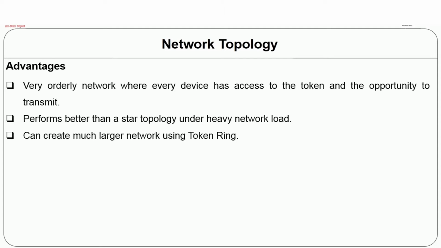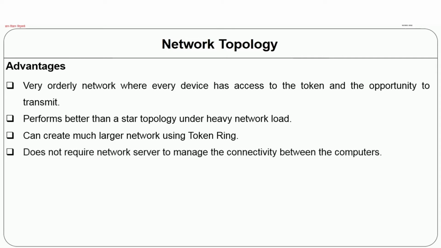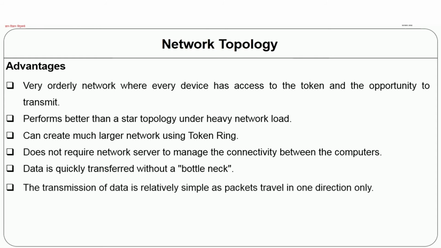Can create a much larger network using token ring. Does not require a network server to manage the connectivity between the computers. Data is quickly transferred without a bottleneck. The transmission of data is relatively simple as packets travel in one direction only.